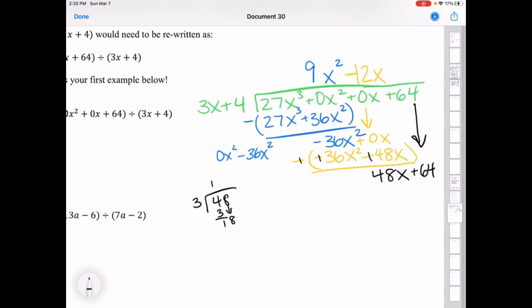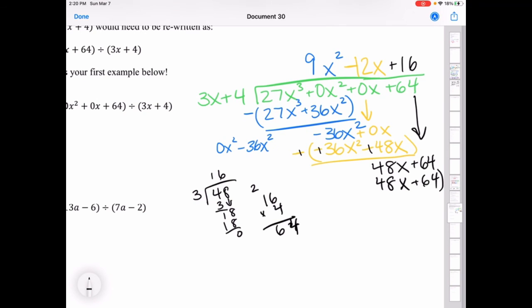I bring down this 8. What times 3 gives me 18? 6. And I get no remainder. So let's do 16. So 16 times 3x is going to be 48x. 16 times 4 is 64, and remember you're subtracting this. So then you get 0 remainder.